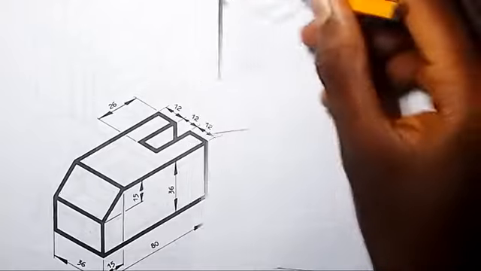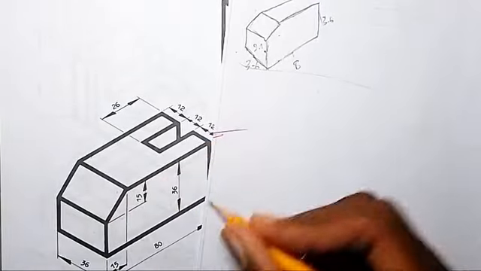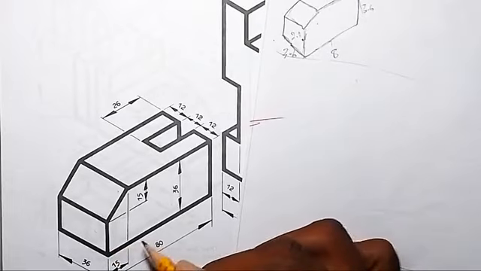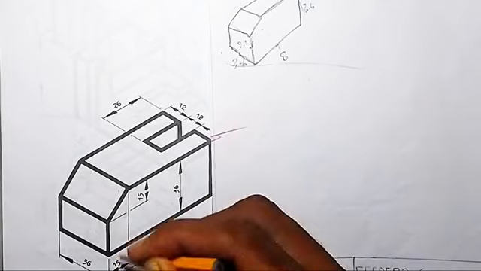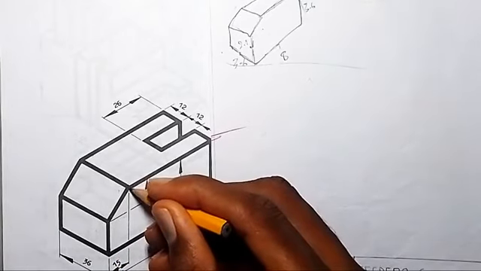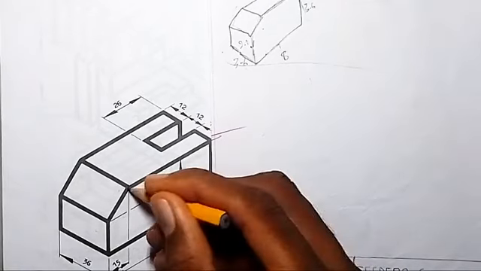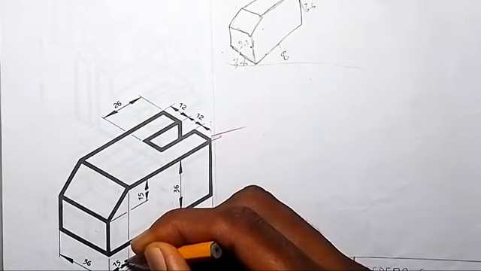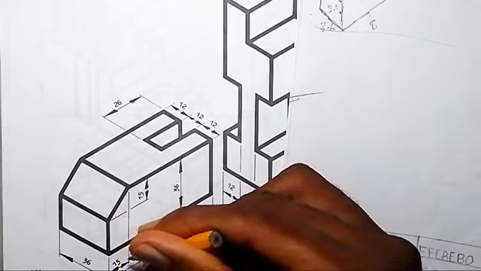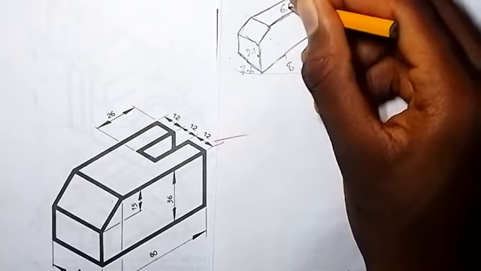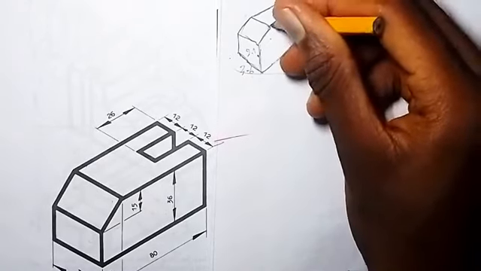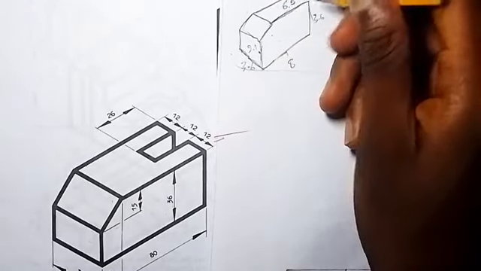The length of this part is not given, but you have the total length of the block as 8 cm, and the length of this slant, where the slanted part starts from at the top, is 1.5 cm. 8 minus 1.5 gives us 6.5 cm. So this part will be 6.5 centimeter.